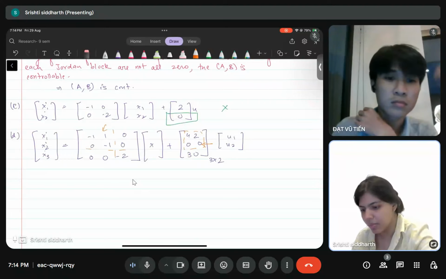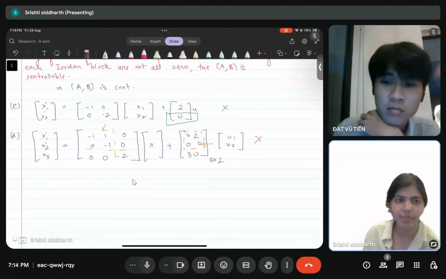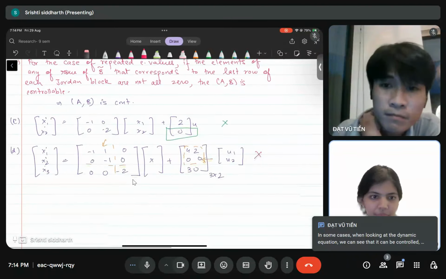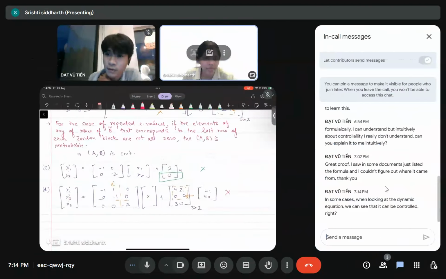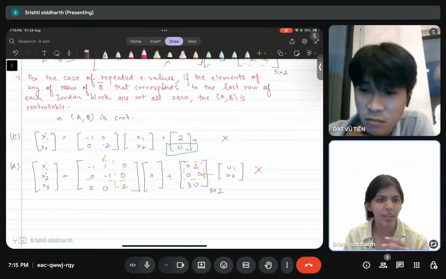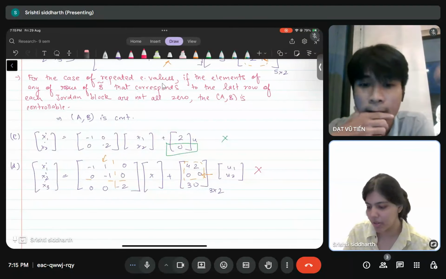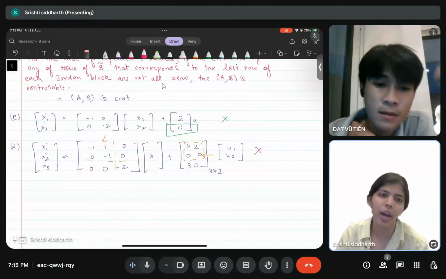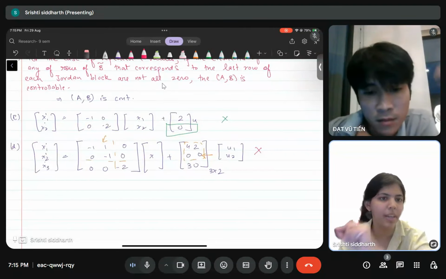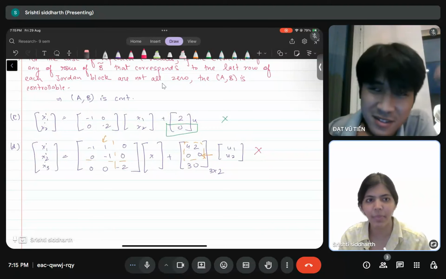So this means that the pair is not controllable. It is like that, but it is not entirely correct. We actually have to do some more tests to figure out if it is actually controllable. If you input some A and B matrix in the controllability function in MATLAB and it says that the rank is deficient or singular, that's how you know there is no control.